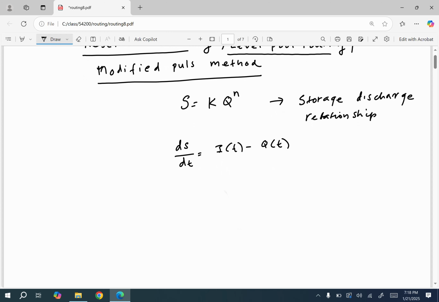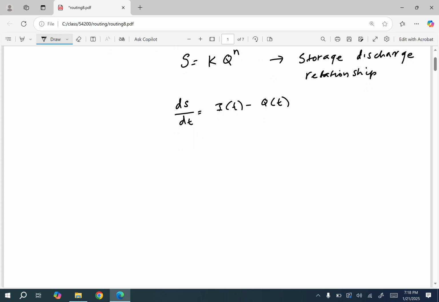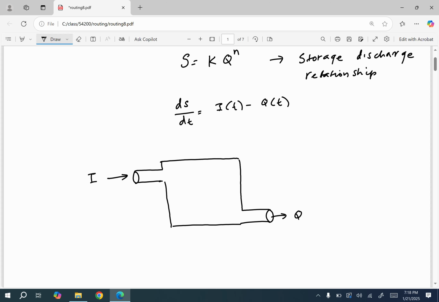Okay, and if we want, we can again just draw a simple reservoir here. We have input and then we have output. And then this is our storage, and this storage has a nonlinear relationship with the discharge.